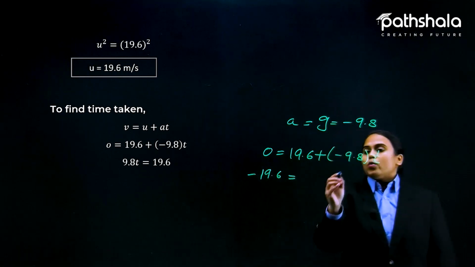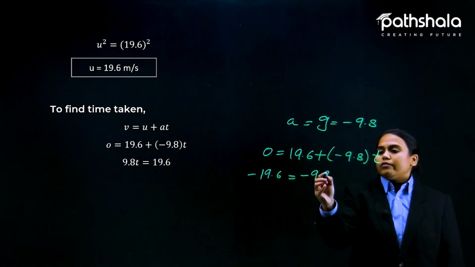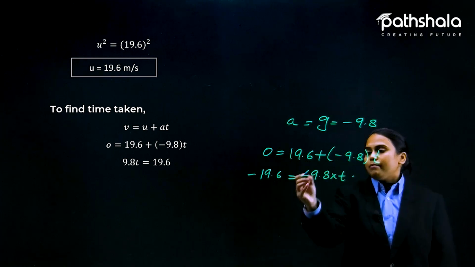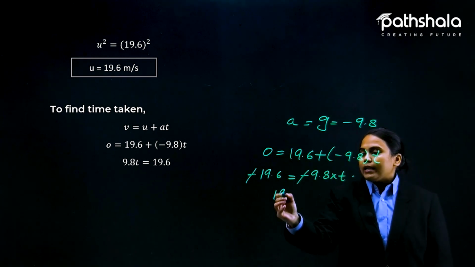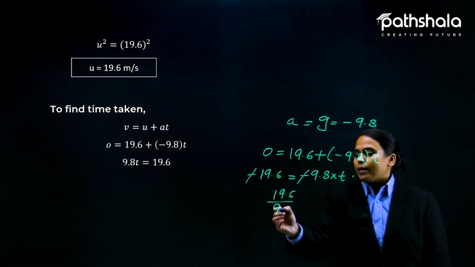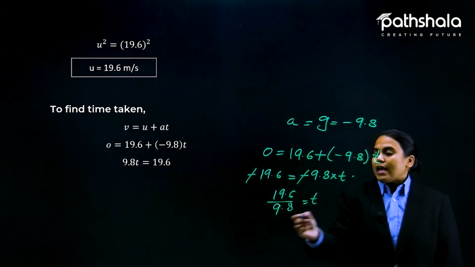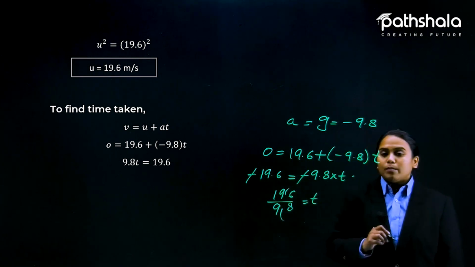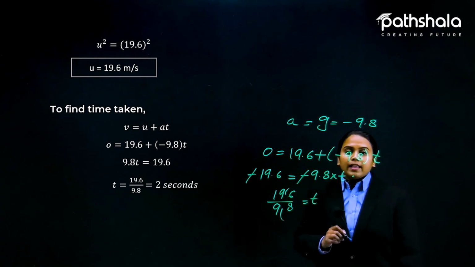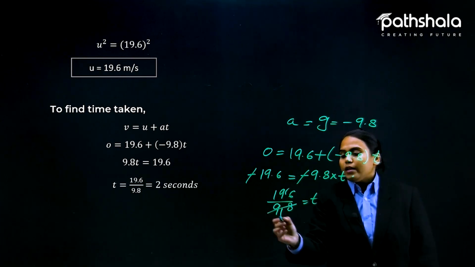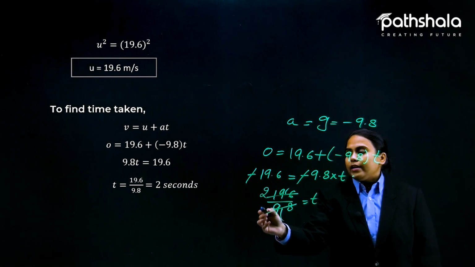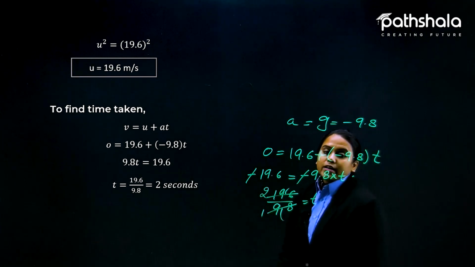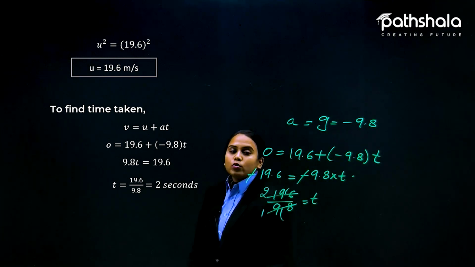Okay, this equals minus 9.8, which is already a negative term, multiplied by time. Minus and minus cancel, so 19.6 divided by 9.8 is equal to t, and the decimal point would be cancelled out. Then when we calculate it, the value would be 2. Okay, so now the time is 2 seconds.